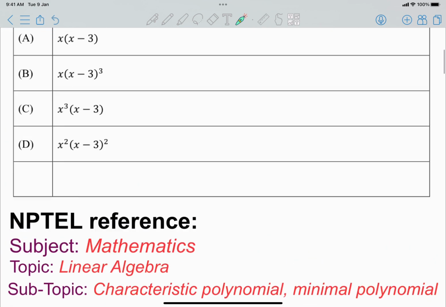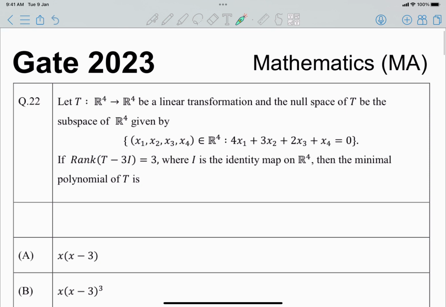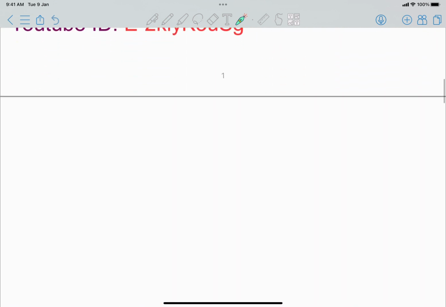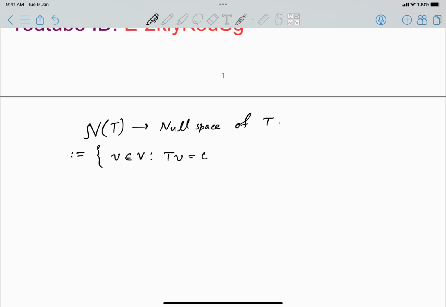Okay, so the null space of T is given by this. Let me denote this as the null space of T. This is called the null space of T. What is this? By definition, it is all such vectors v in V such that Tv equals 0, right?